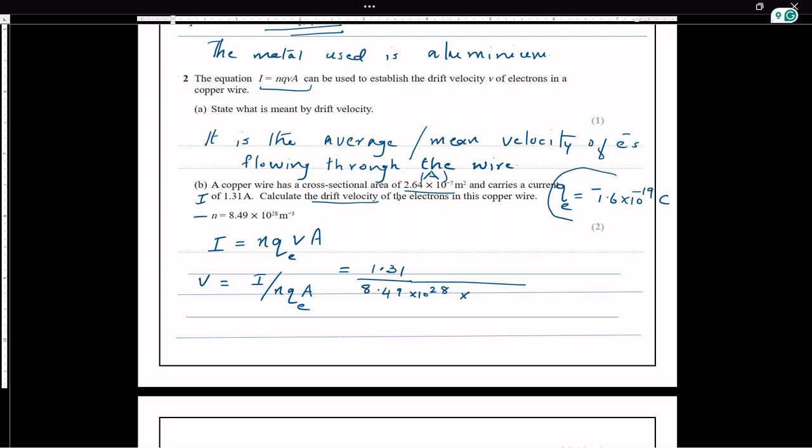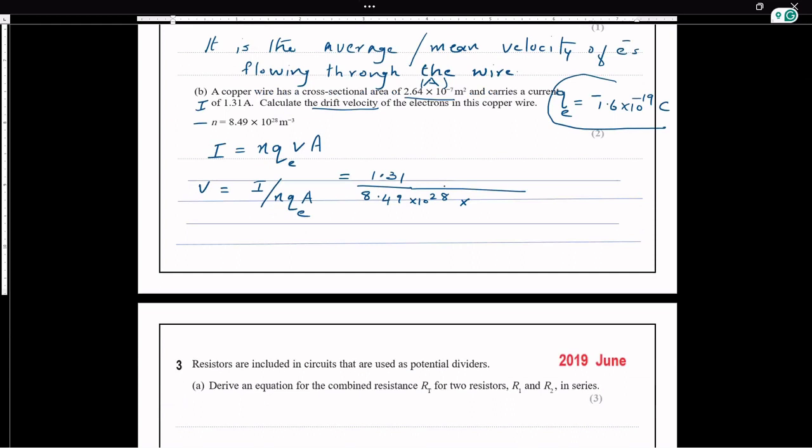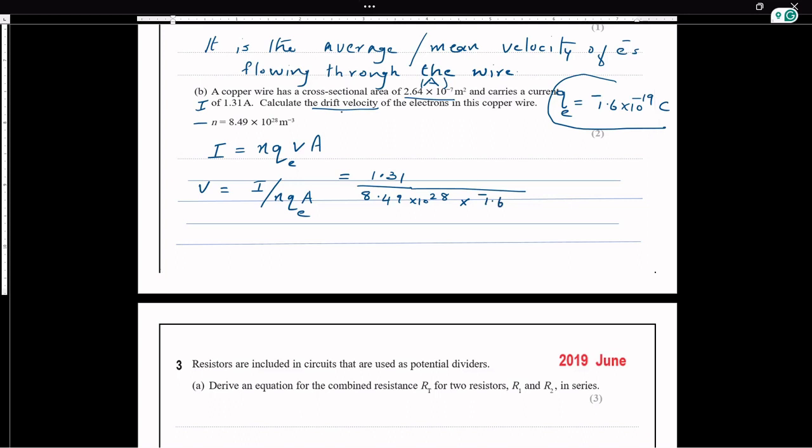So this is what we are going to use as the charge. Let us write the value of Q here. It is negative 1.6 times 10 to the power of negative 19, times.